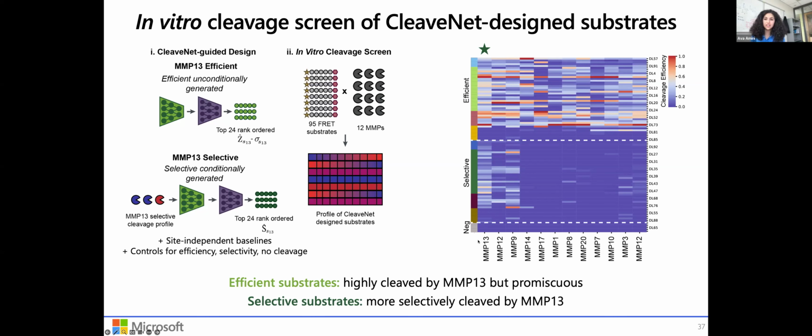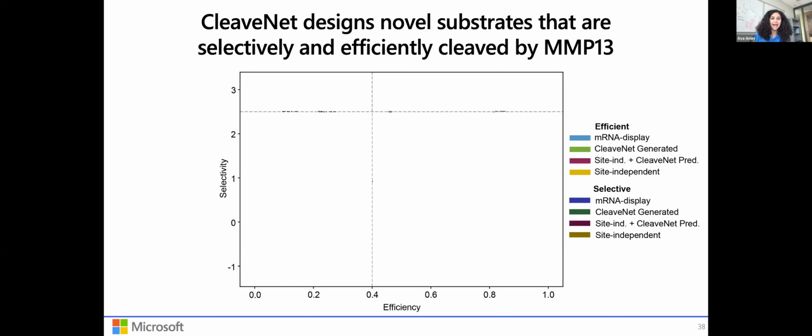Now we can dive into these results further and display these individual cleavage scores for MMP13 measured in vitro in what we call a selectivity versus efficiency plot, where on the x-axis you have cleavage efficiency by MMP13, and on the y-axis is the selectivity score for MMP13 relative to all these other MMP proteases.